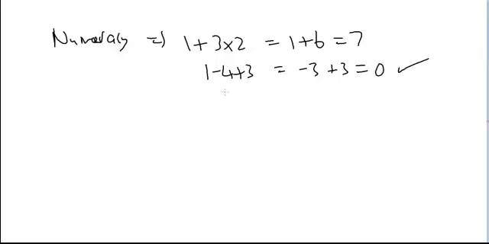What people can do is say 1 minus 4 plus 3, that's equal to 1 minus 7, because they do 4 plus 3, and that's equal to minus 6, which is wrong.